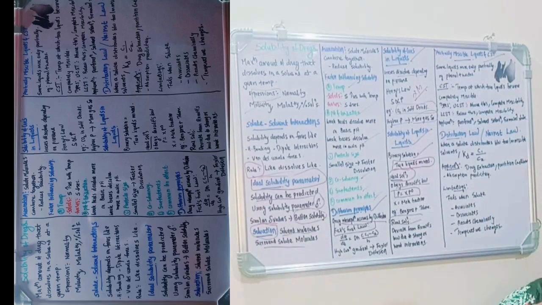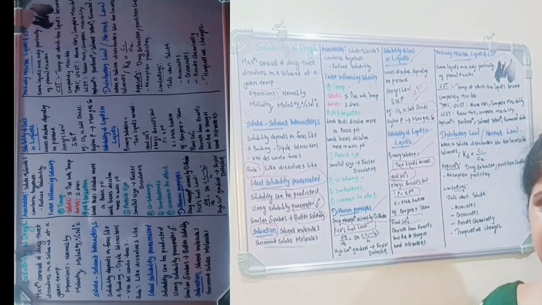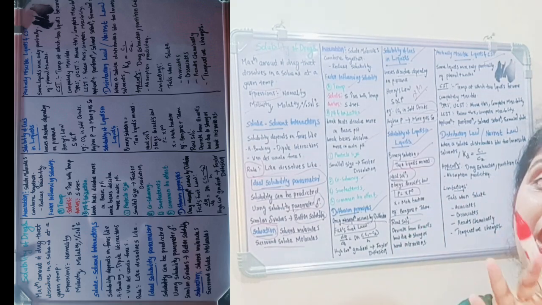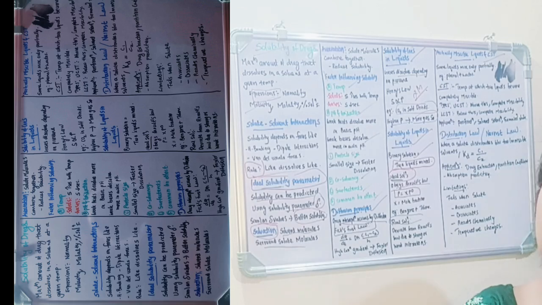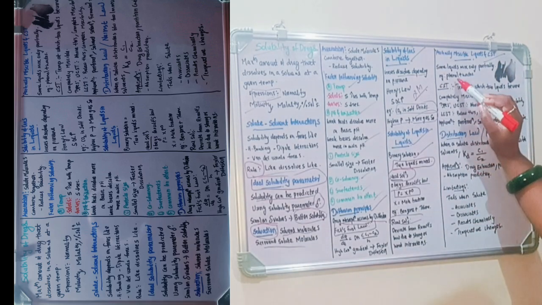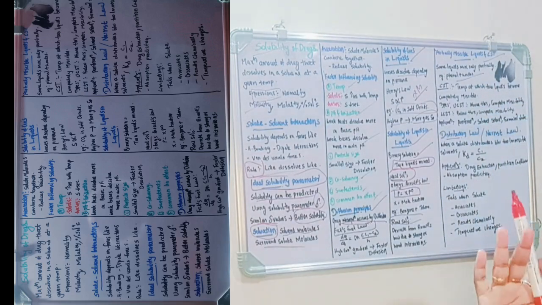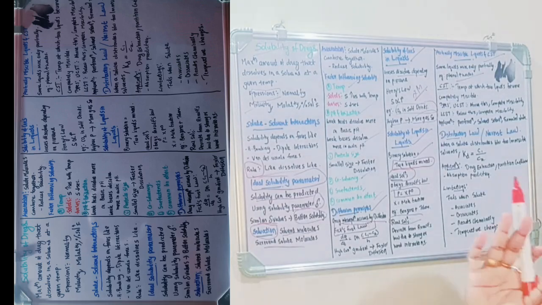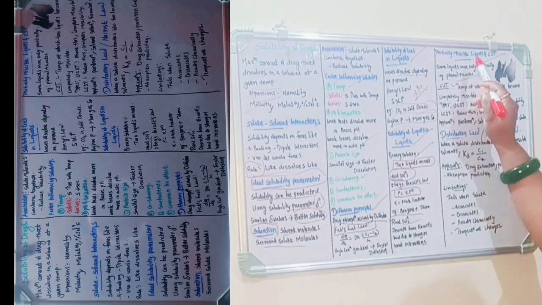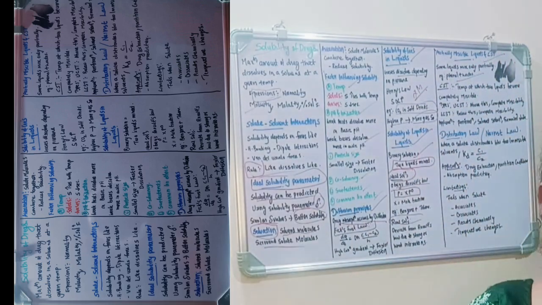When we mix partially miscible liquids, they won't mix completely and won't show immiscible nature either; they dissolve partially. An example is phenol and water, which exhibit a property called CST, critical solution temperature. CST and partially miscible liquids are each important for 5 marks.